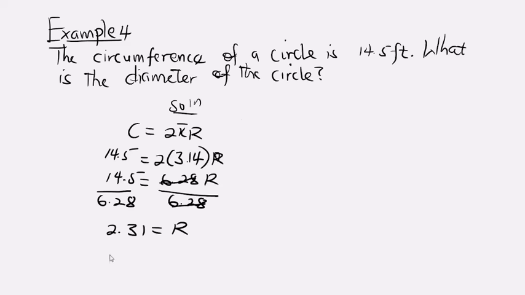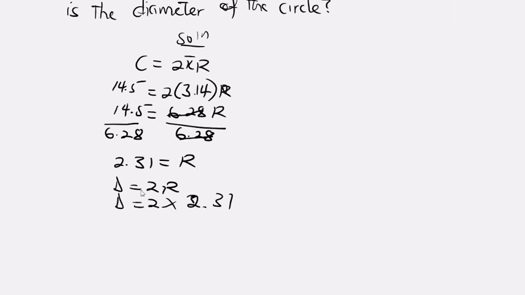In that case, our diameter is equal to 2 times the radius. So d equals 2 times 2.31 feet, which gives us 4.62 feet. So therefore, the diameter of this circle with its circumference as 14.5 feet is 4.62 feet.